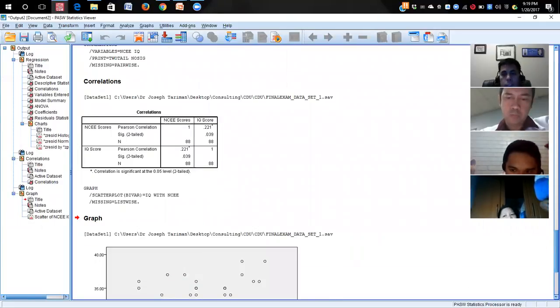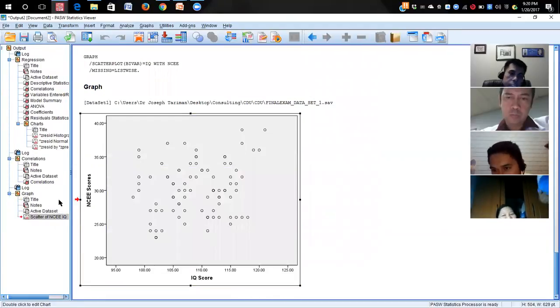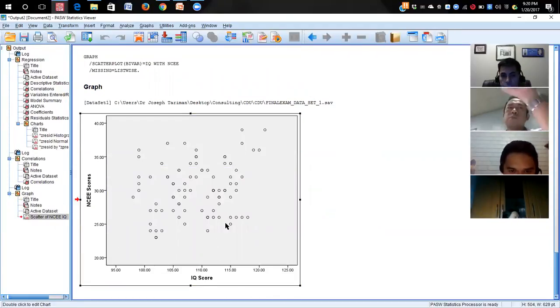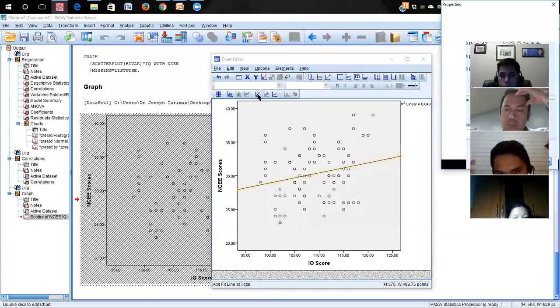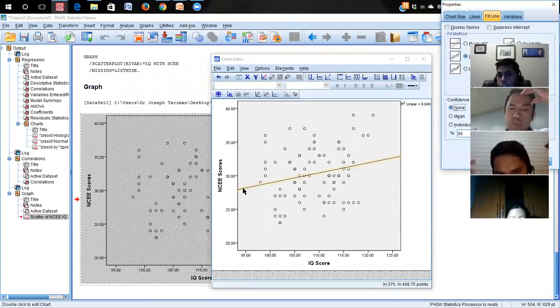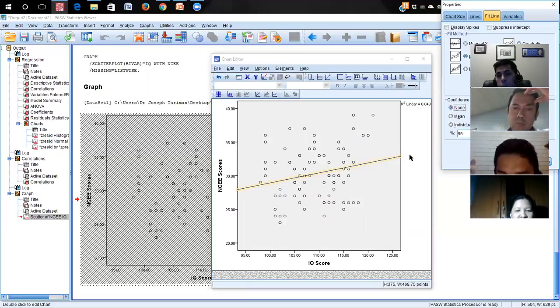So right here, this is our NCEE score, and this is our IQ score. And if we fit a line, which is regression, this is where the slope is. You see, the slope is not very steep, because that represents also that the correlation was only 0.221.